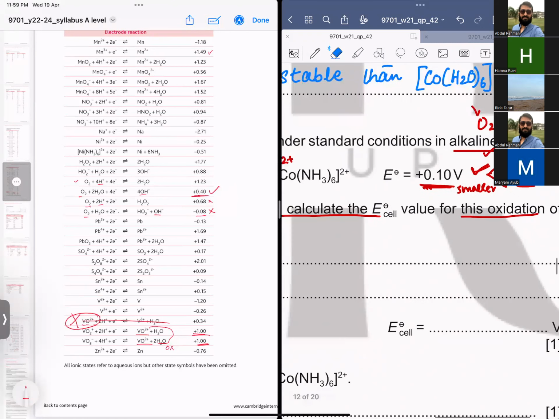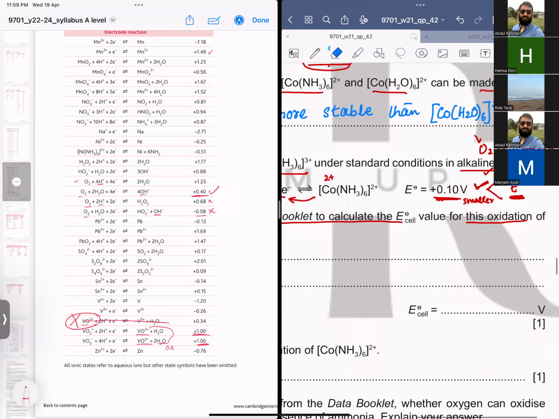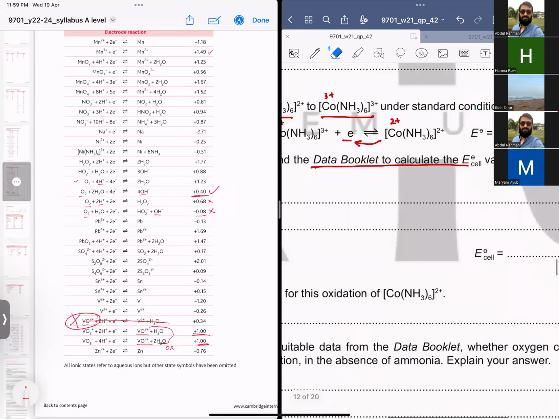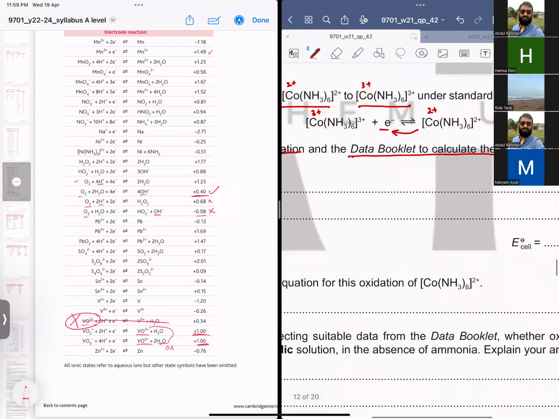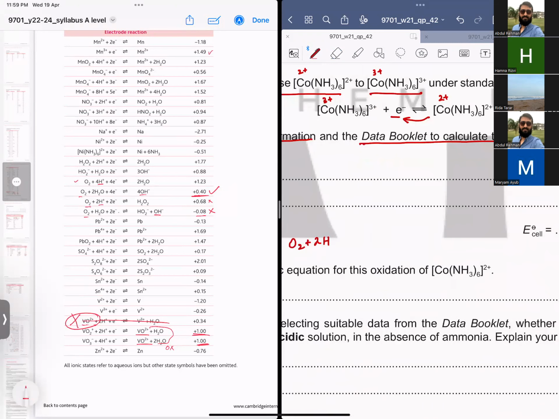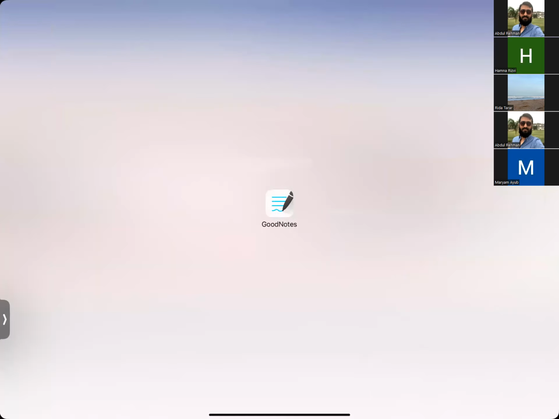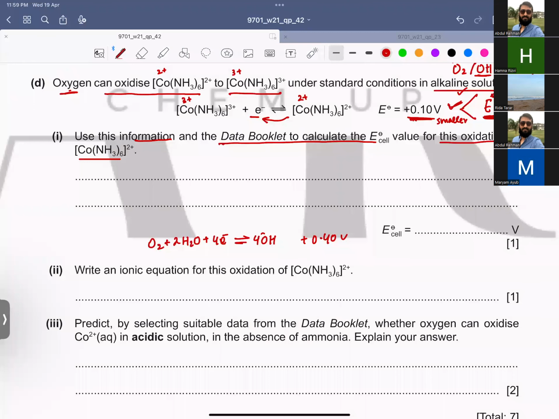So if I write this equation here, O2 + 2H2O + 4 electrons gives 4 hydroxide ions, and positive 0.40 volt. So what we have to do is calculate the E naught cell.